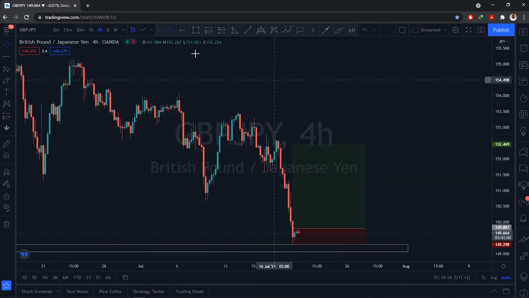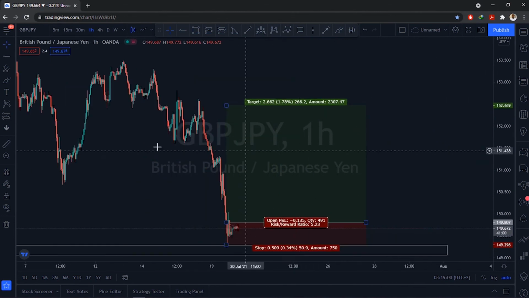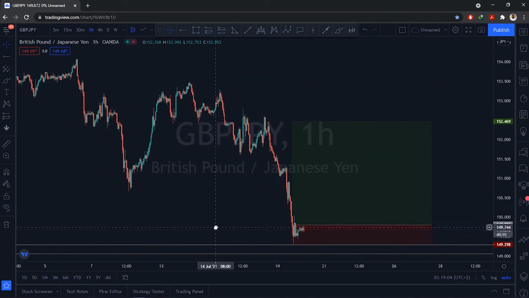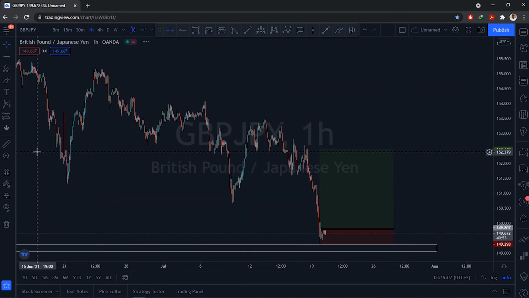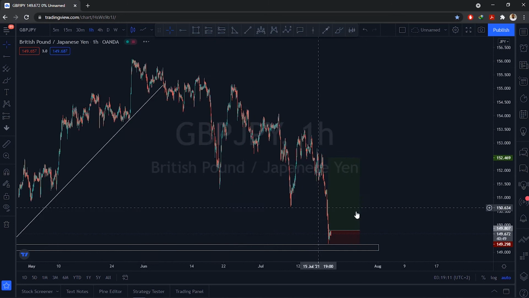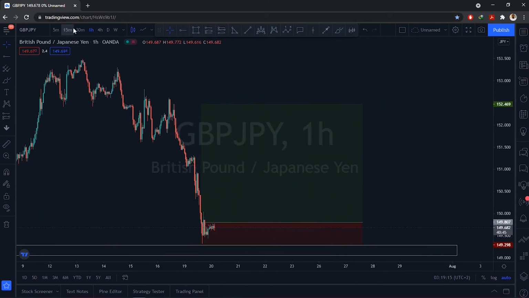So now looking at this, we see that GBPJPY, when it got to the end of this correction that we had earlier, which is this one, we've been waiting for any ways of reversal.